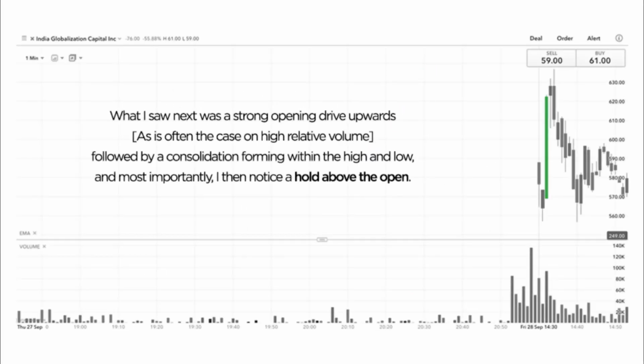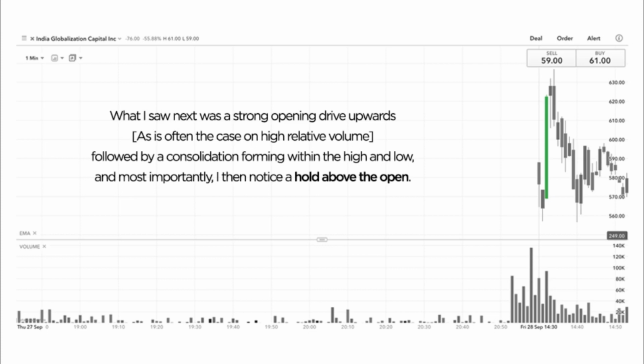Now, what we see next is a strong opening drive upwards, as is often the case on high relative volume, followed by consolidation forming within the high and the low. And most importantly, we notice that we hold above the open. Now, this is crucial because we're not just gaining momentum and then having people fade this momentum and having a kind of game over situation on our hands.